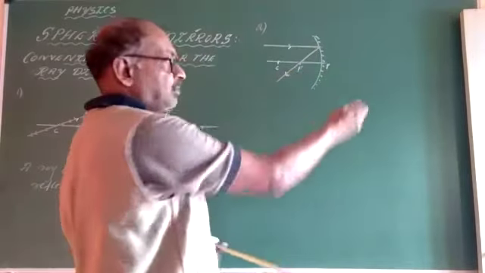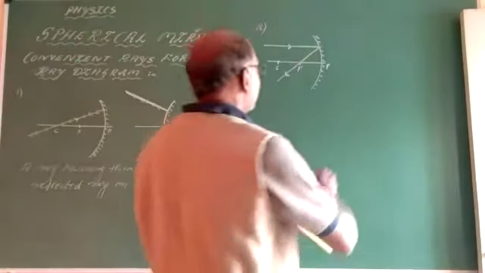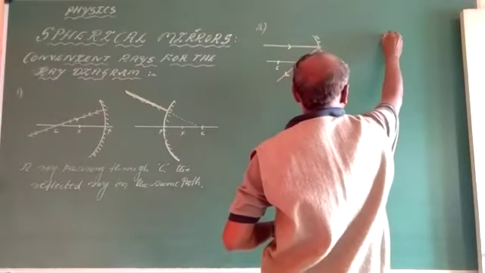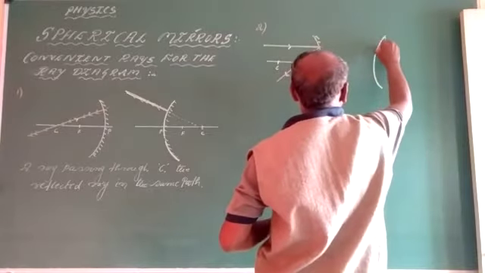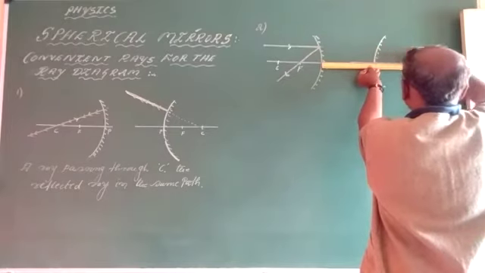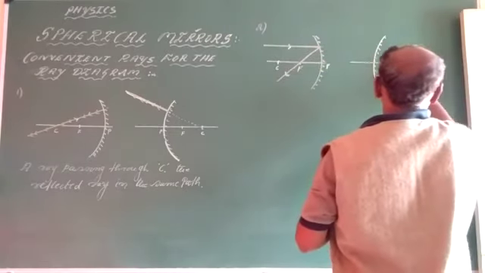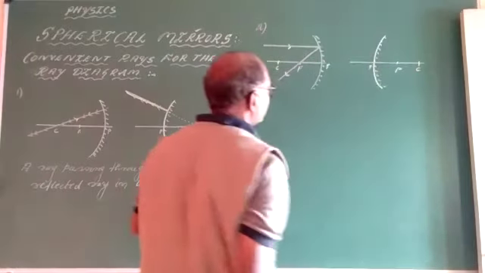It is quite common in the convex type also. So here we have a convex type of mirror, the center of curvature, the focus somewhere, and here is the pole.